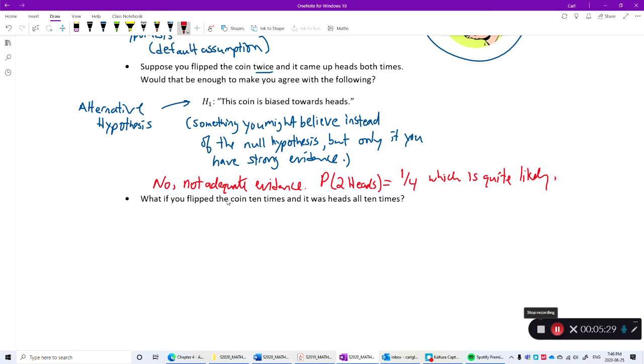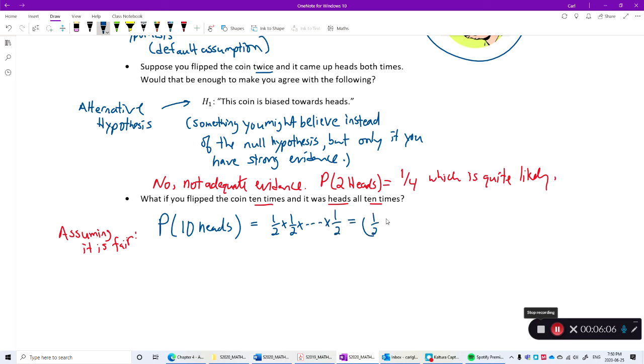Okay, now what if you flip the coin 10 times and it was heads all 10 times? What about that? Is that going to be enough evidence? It might be, right? So let's think about this. What's the probability of getting 10 heads in a row if it's fair? Assuming that it is fair, the probability of getting 10 heads in a row would be a half times a half times a half, and there'd be 10 of these.